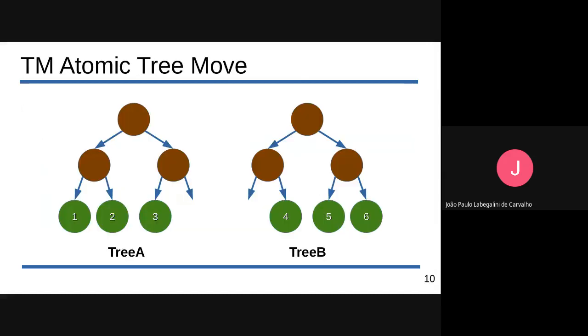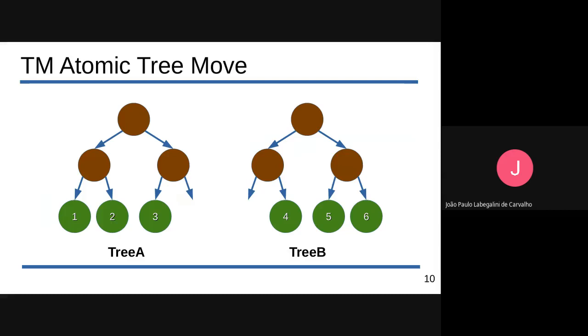The same problem can be very easily solved using transactional memory. Let's say we have two trees, as we show in the slides, A and B, and we want to atomically move one element from A to B or vice versa.